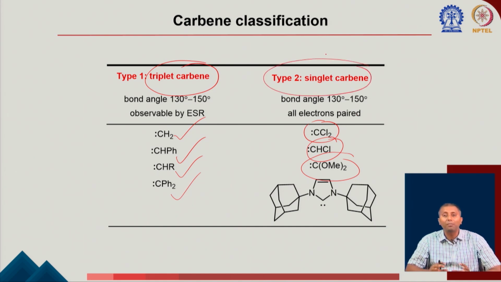So we can understand the effect of the presence of this group, a chlorine versus a CHPh. Now we try to understand why, if you have 2 chlorines or just a phenyl ring, they become a singlet versus a triplet.